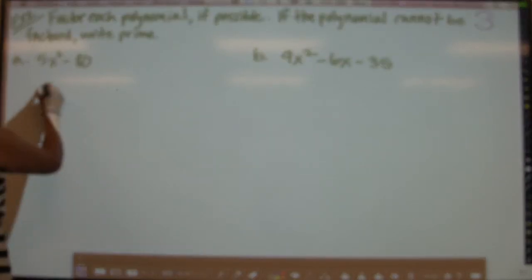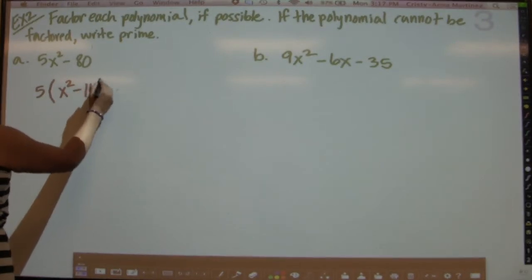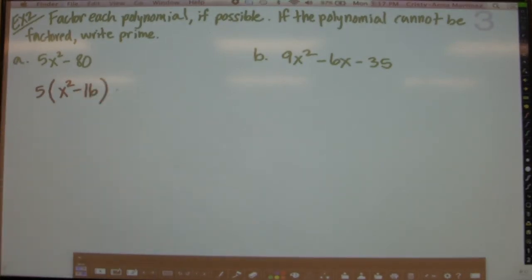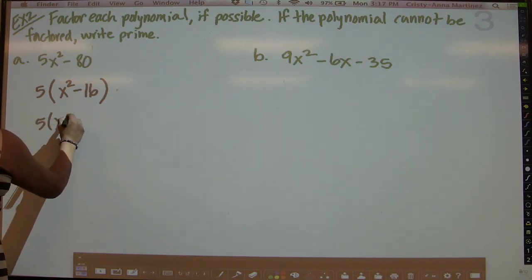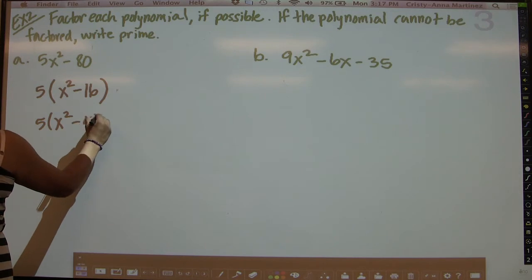But in fact, if you take out the 5 first, then all of a sudden you get a whole different story, because 80 divided by 5 is 16. So we can factor out the 5 and end up with a beautiful difference of two squares, because we can rewrite 16 as 4 squared.